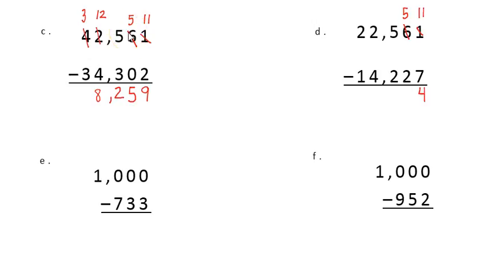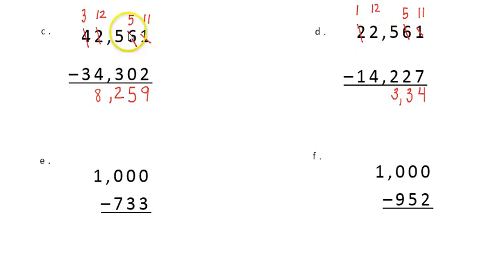5 groups of 10 minus 2 groups of 10 leaves 3 groups of 10. 500 minus 200 is 300. Now I have 2,000. I need to subtract 4,000. So again, I'll have to do some decomposing. I'll take a group of 10,000, which leaves one group of 10,000. Combine that with the 2 groups of 1,000 that were already there.